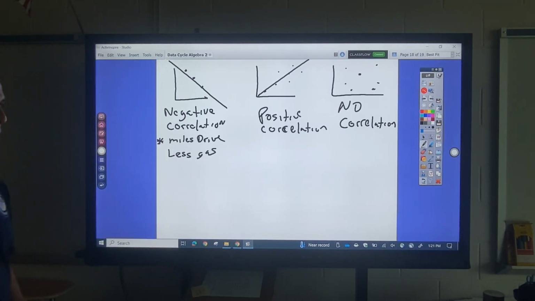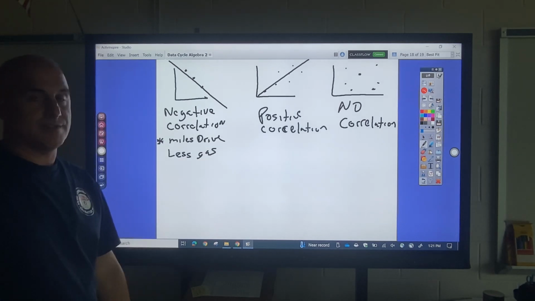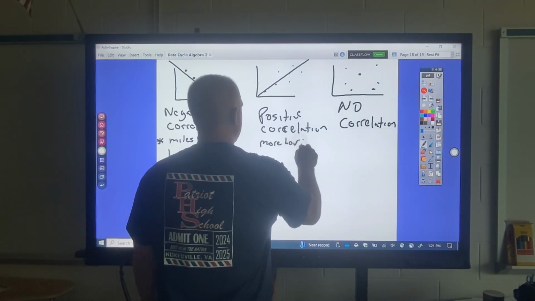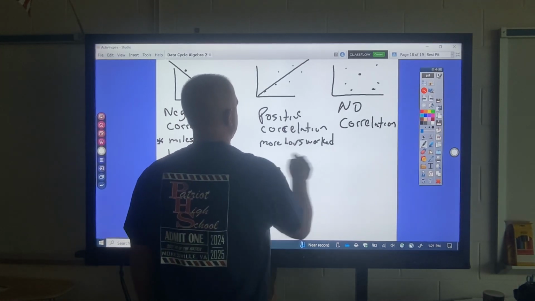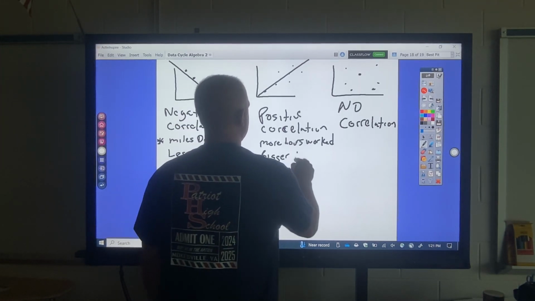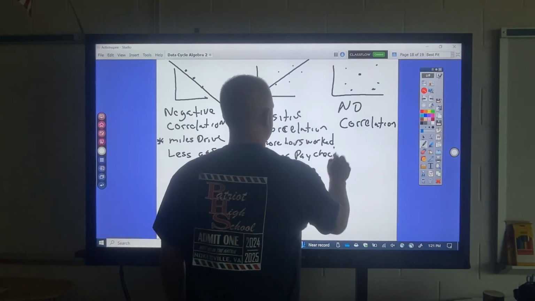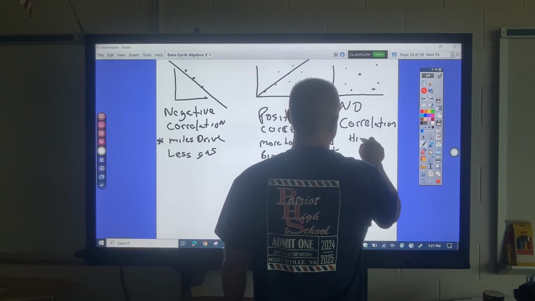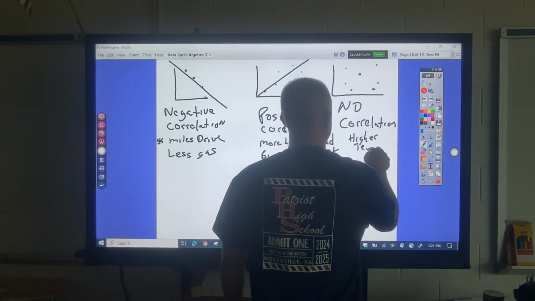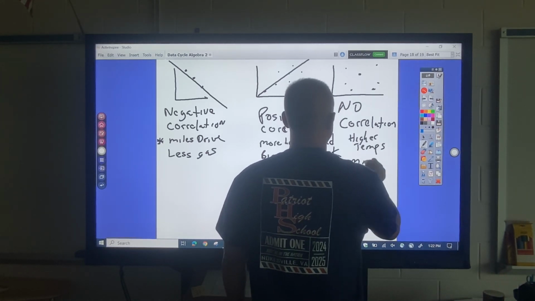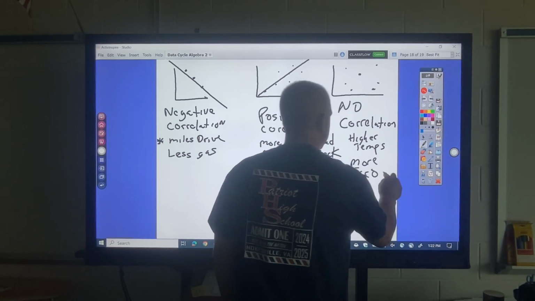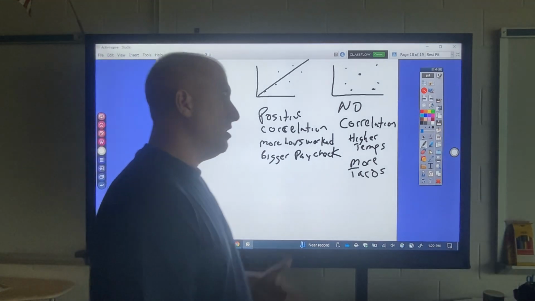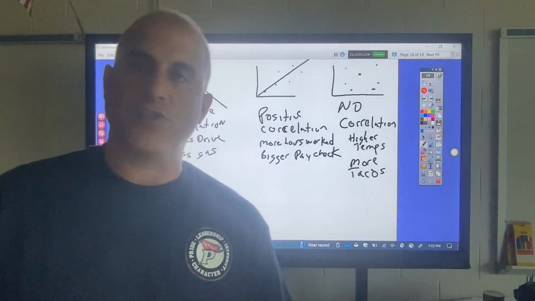Okay, all right, more miles, less gas. Okay, this one, more hours worked, bigger paycheck. Okay, and like this example, higher temperatures, more tacos. That doesn't really have something that's relative, it has no correlation. Okay, so that's just something you have to know about the data cycle. But now at this point, you're going to practice some more questions on your own.